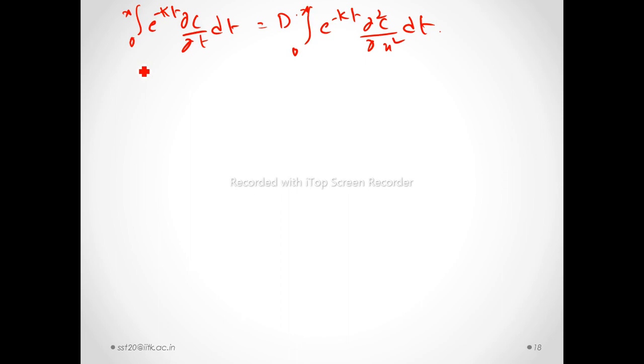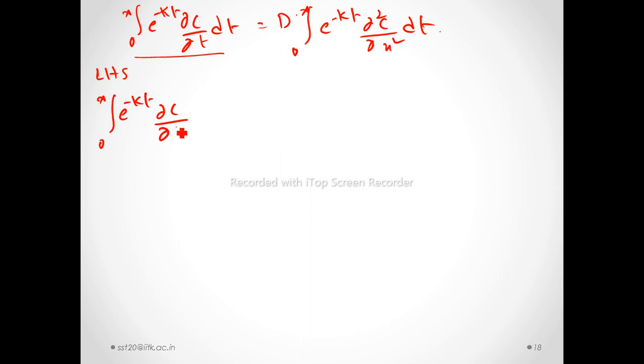Considering the LHS, integration from 0 to infinity of e raised to kt into dou c by dou t into dt.